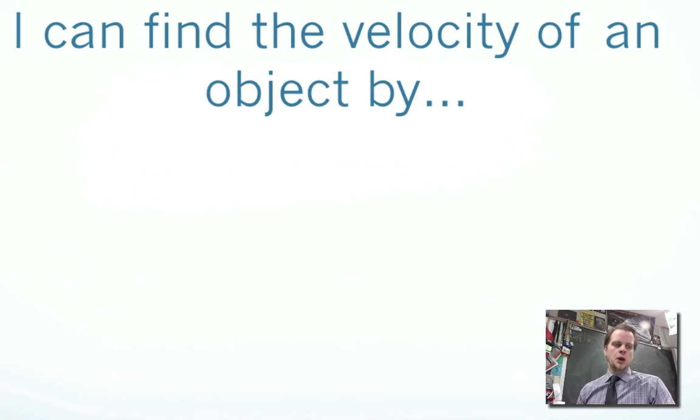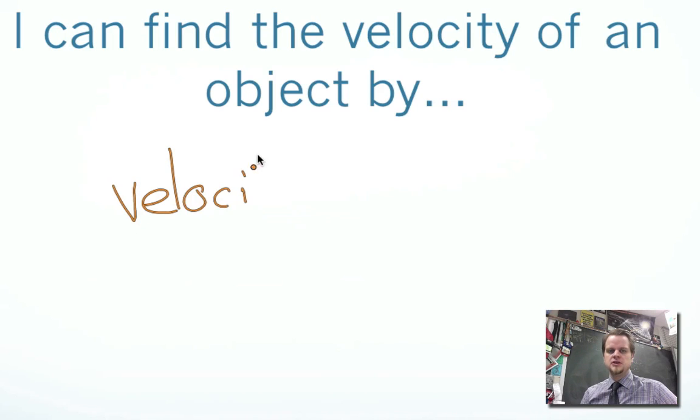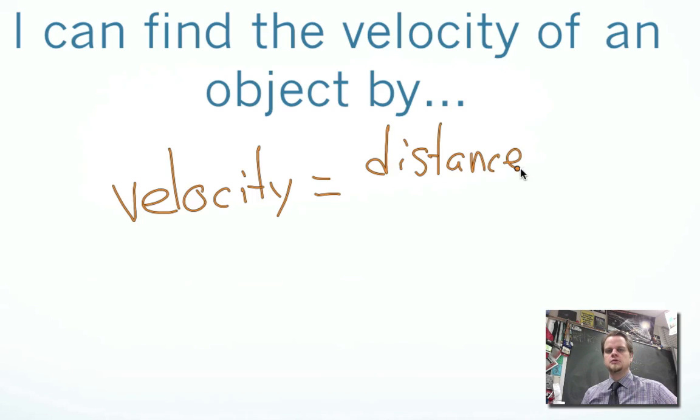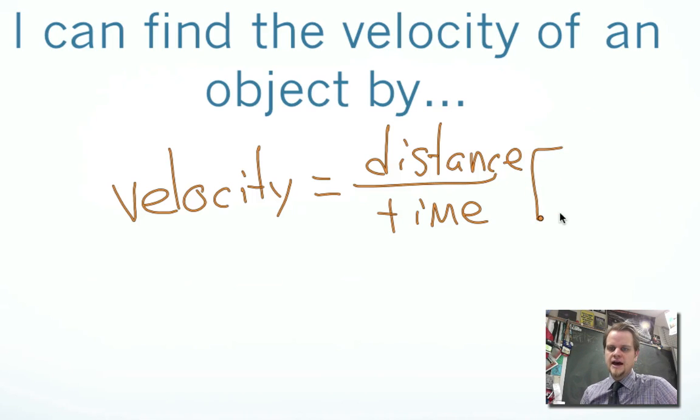Okay? Now, how do I actually find the velocity of an object? Well, here we go. Velocity, remember, it's basically the same thing as speed. So you've got velocity equals the distance divided by the time. That's all. But you have to add the direction in there.